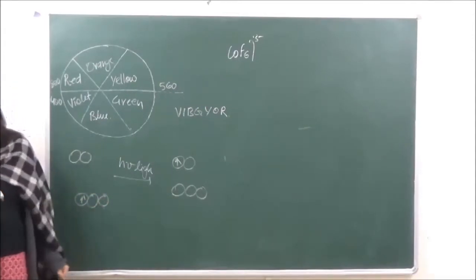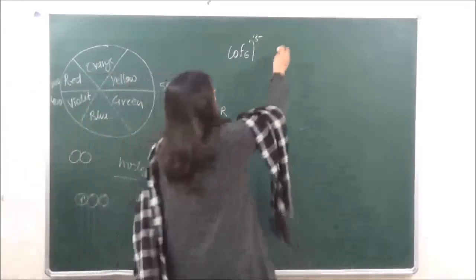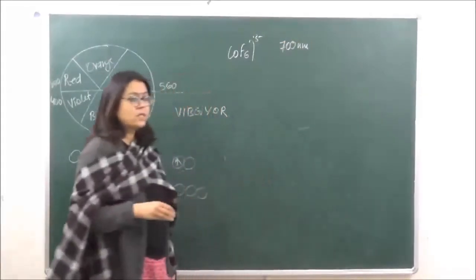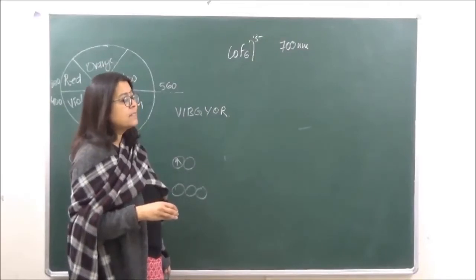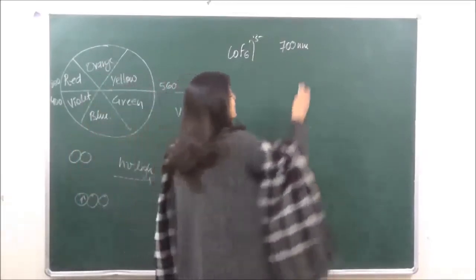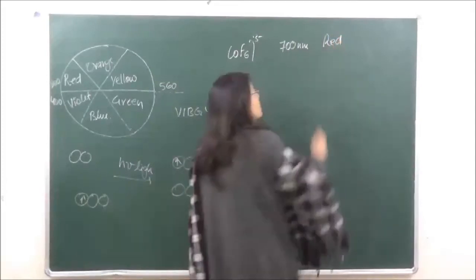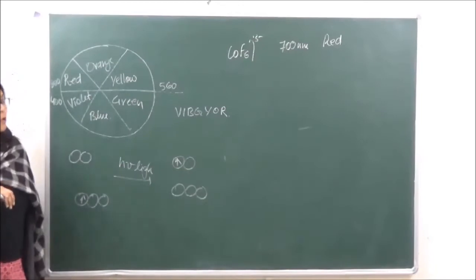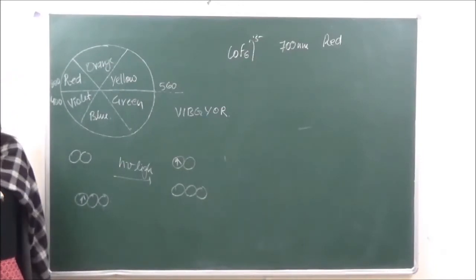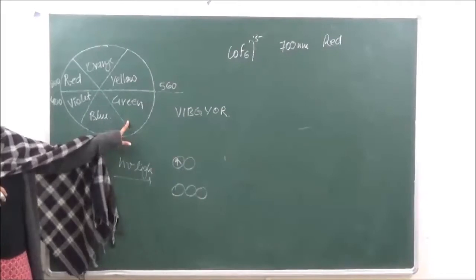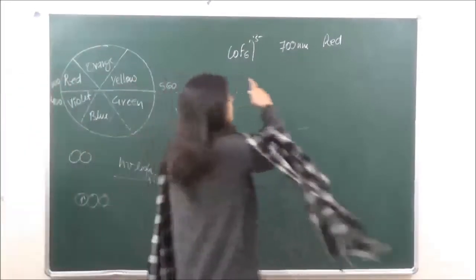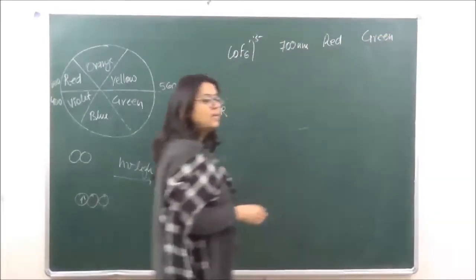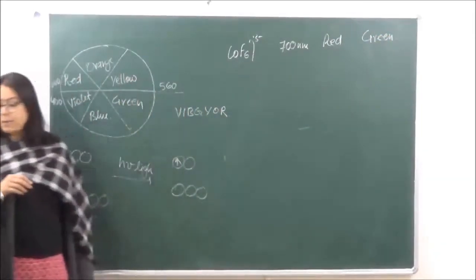So over here it is seen that [CoF6]3- absorbs energy of 700 nanometers. It means that it is absorbing the red radiation from the VIBGYOR. And if it absorbs red, what should it appear? It should appear green. So this [CoF6]3- appears green. It absorbs red and it appears green.